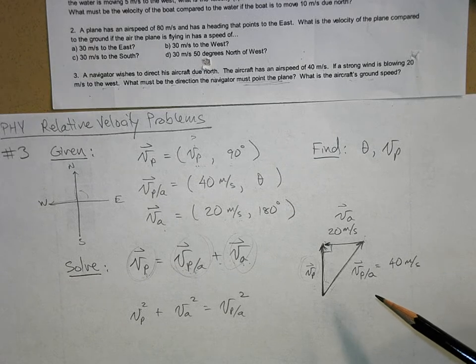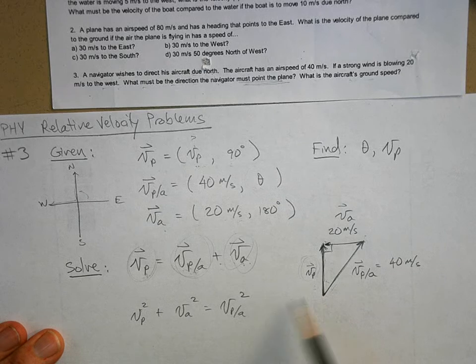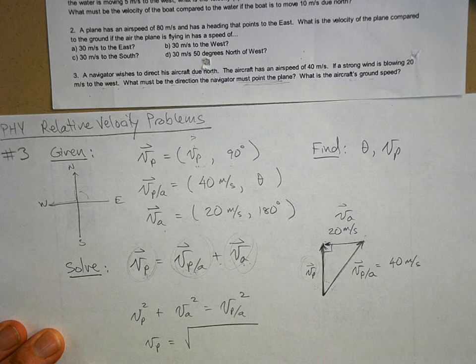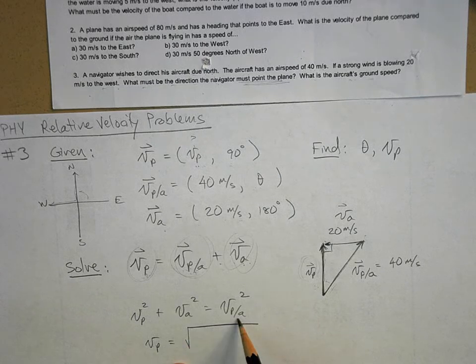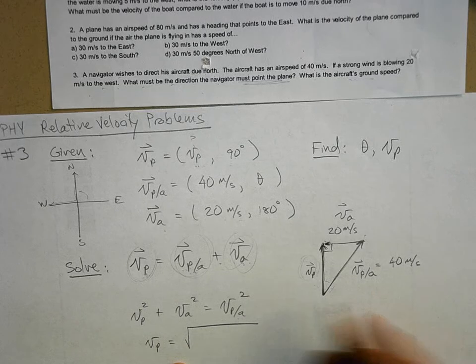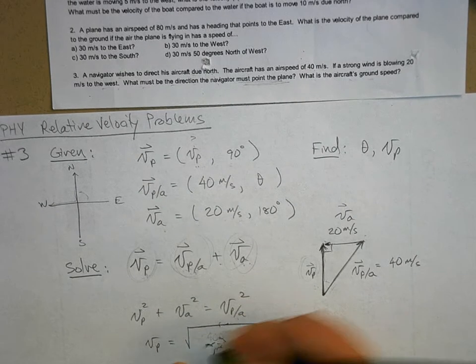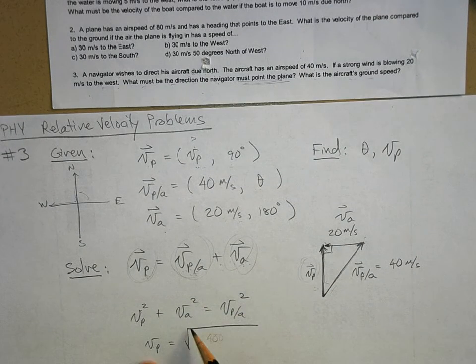And so then I can just solve for the velocity of the plane. It is equal to the square root of the velocity of the plane compared to the air squared, which is 40, squared, minus this one.